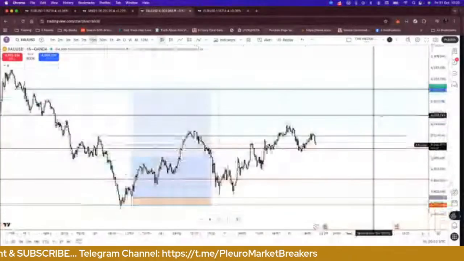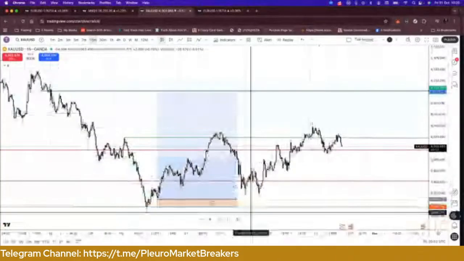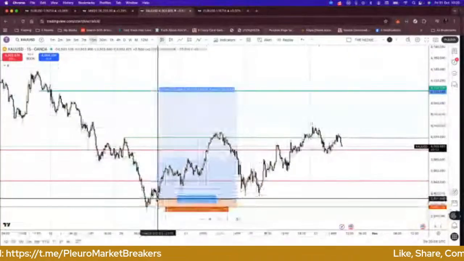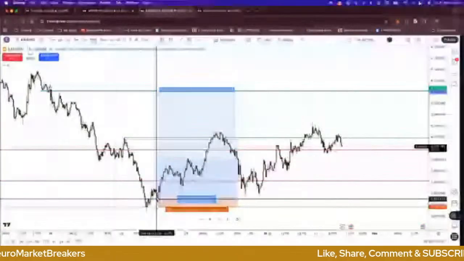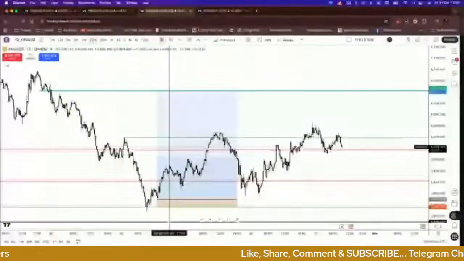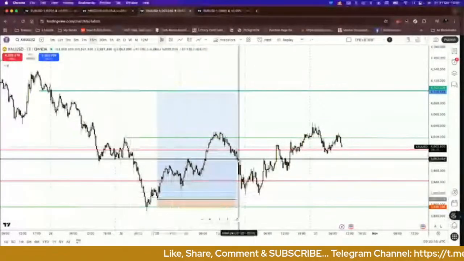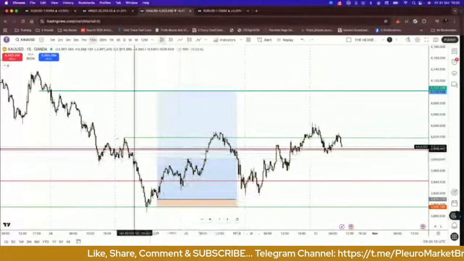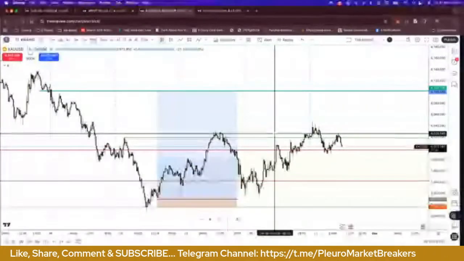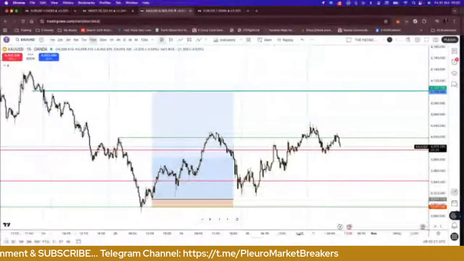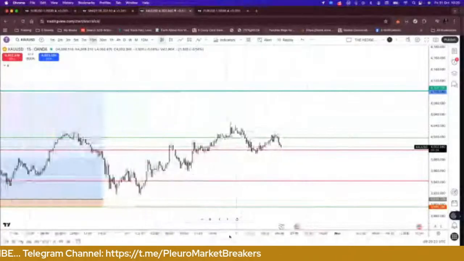Okay, so it's ready to trade. Okay, trade idea is okay. Right, so okay. This is very interesting.